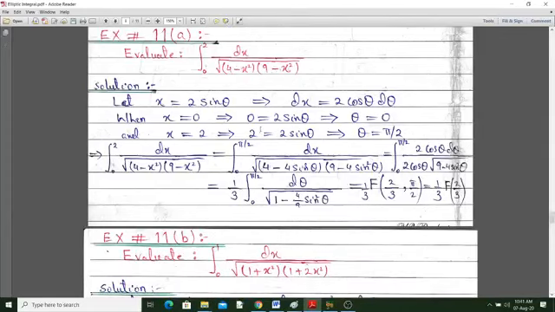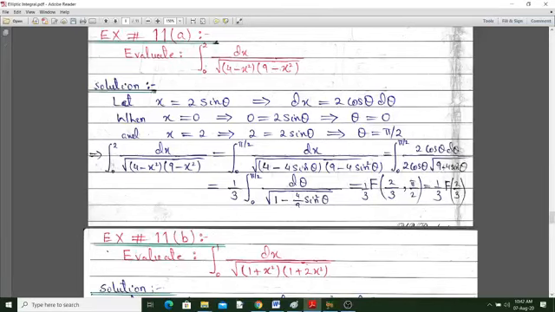Now we put this transformation into the given integral, we get this expression, and now you see, if we take 4 as common here, we get 4 times the bracket 1 minus sin square, and 1 minus sin square means cos square, and we can take this factor 2 cos theta outside. dx is equal to 2 cos theta d theta, so I write 2 cos theta d theta, but the 2 cos theta cancels, and we get this expression.